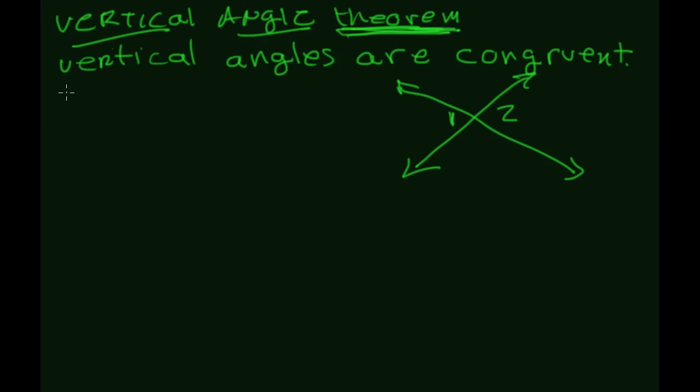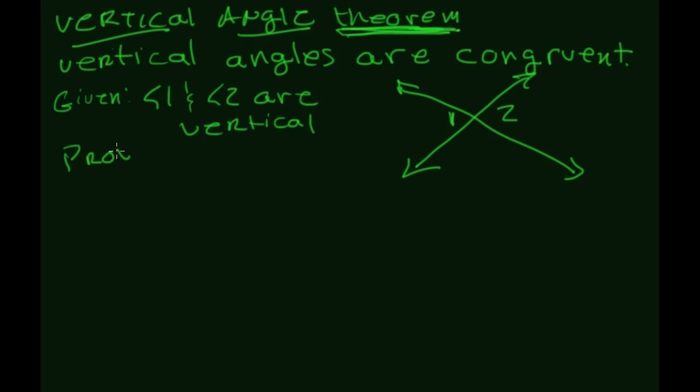Okay, so when I go to prove this, I'm going to be given certain information. I know that angle 1 and angle 2 are in fact vertical. Okay, so they lie across from each other. What I want to prove is that angle 1 is congruent to angle 2.